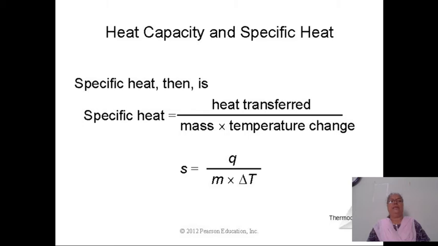And specific heat is the ratio of heat transferred to the mass times the temperature change.